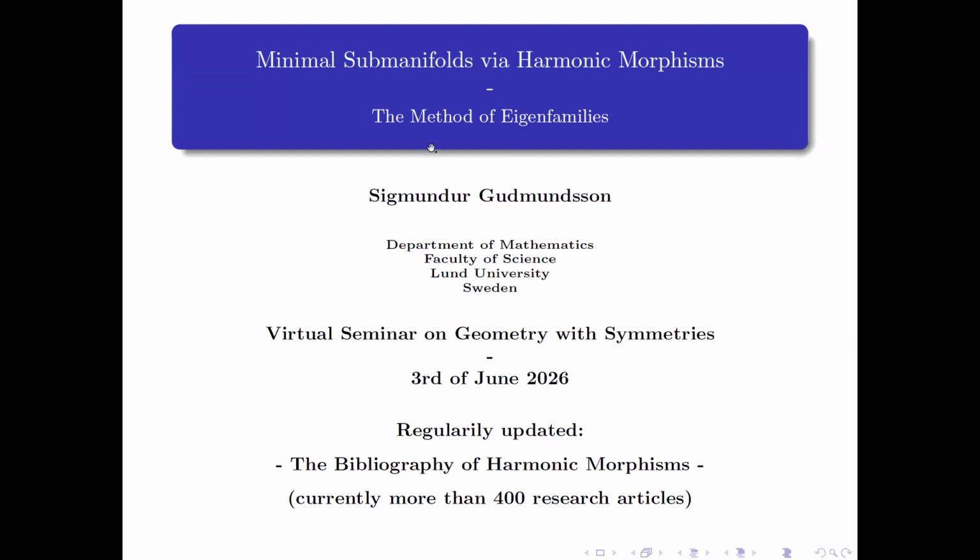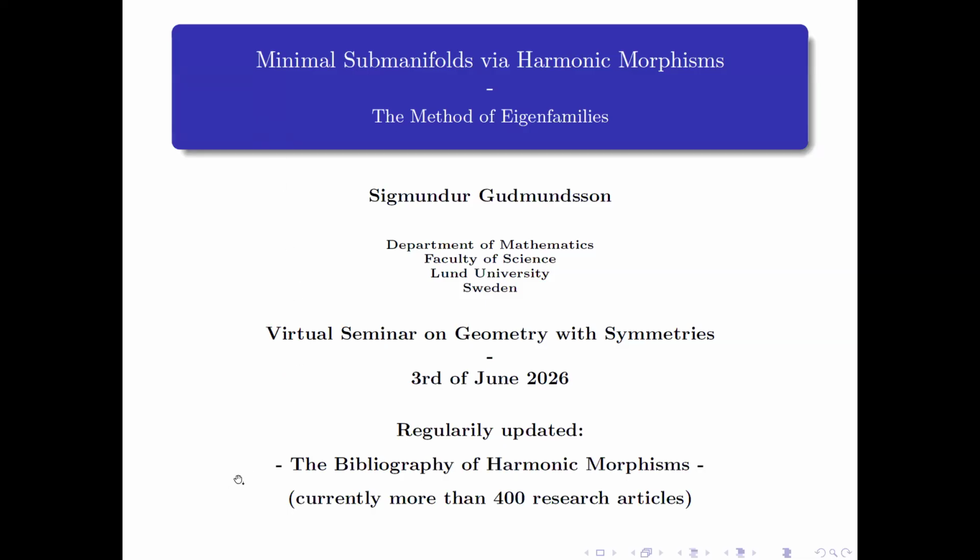So my title is Minimal Submanifolds via Harmonic Morphisms. Minimal submanifolds are, of course, something absolutely central in differential geometry. Harmonic morphisms are less known, and I will now introduce a method that has been developed by me and my co-workers.